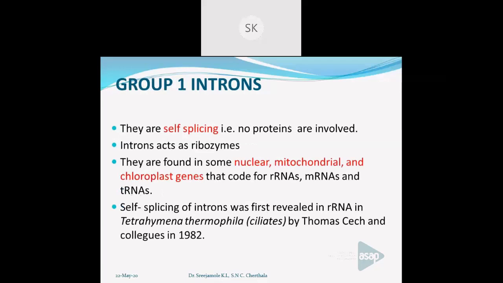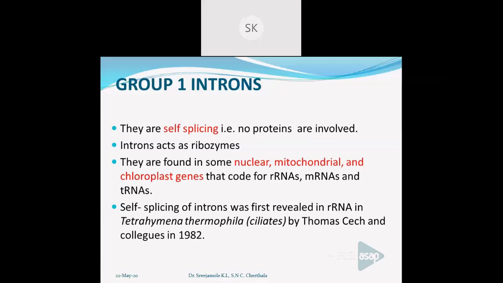The group 1 introns are self-splicing, or they don't need any support of proteins for splicing. So no proteins are involved in the splicing mechanism. This self-splicing property is because these introns are actually RNAs, and these RNAs themselves act as enzymes, which we call ribozymes. So they act as ribozymes and bring about the splicing of the introns.